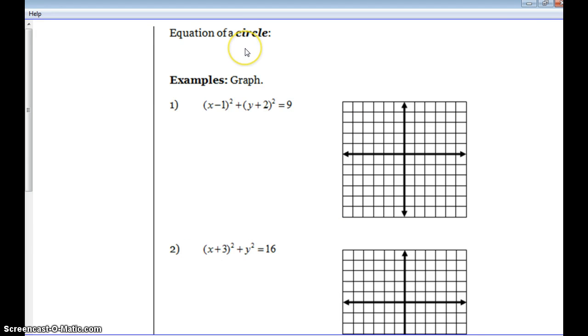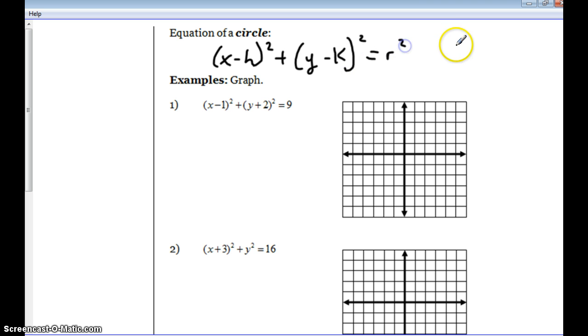So remember from geometry, the equation of a circle is (x - h)² + (y - k)² = r², where h and k are the center of my circle and r is the radius.